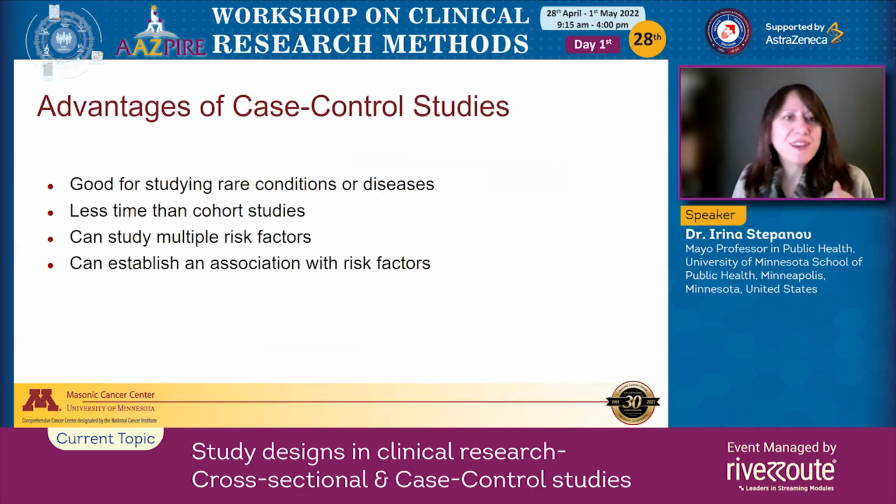So, a very quick summary of advantages of case-control studies. They are good for studying rare conditions or diseases. They take less time than cohort studies, longitudinal observations, and they can also allow you to study multiple risk factors and establish an association with risk factors.